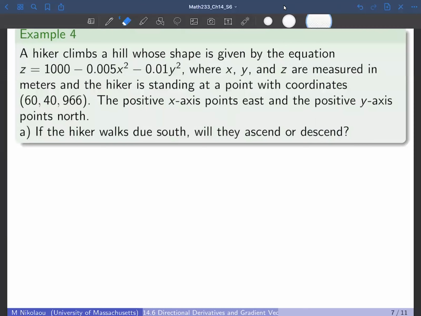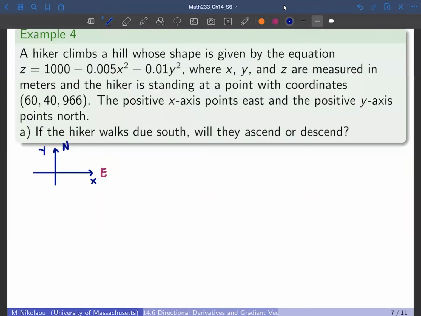The positive x-axis points east and the positive y-axis points north. If we make a simple sketch here, this is the x-axis and this is the east direction, and this is the y-axis and this is the north direction.